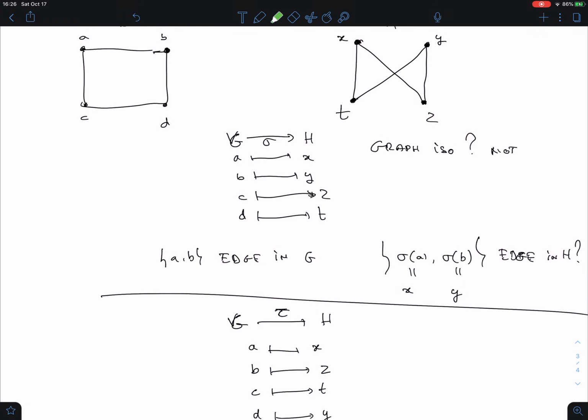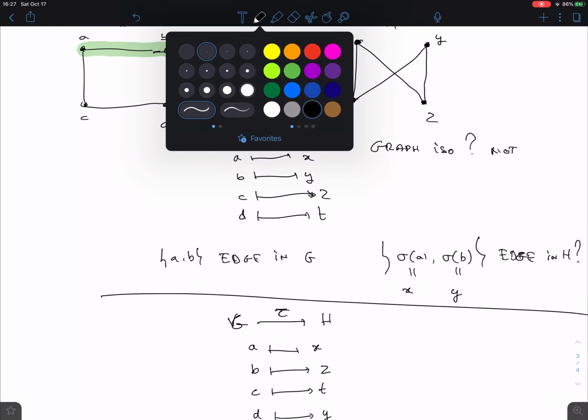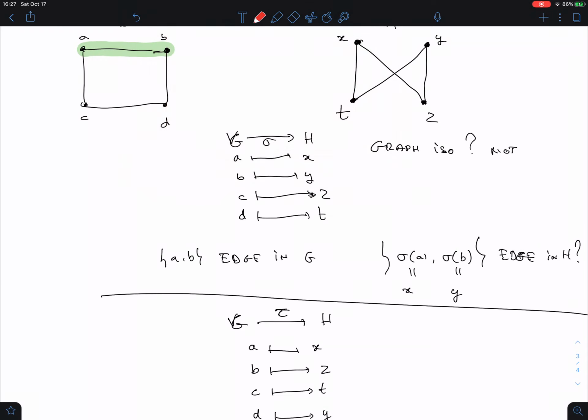I'm going to do it with colors. AB, that edge. A is sent to X, so I'm going to do this with arrows now. Now I'll do this in a different color. The arrows I'm drawing, let me do it in purple, are the maps, the renaming.